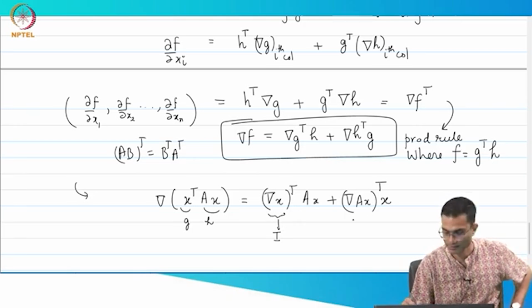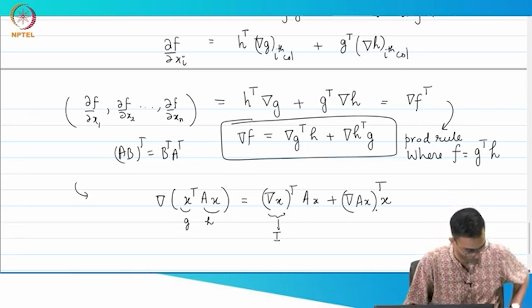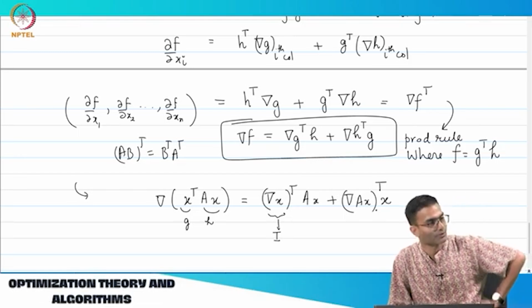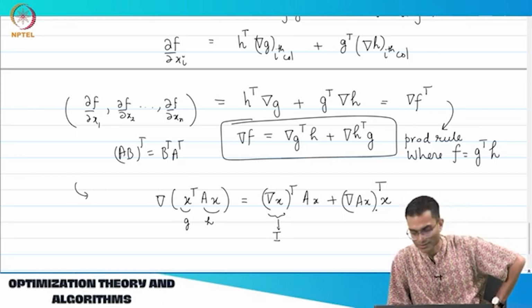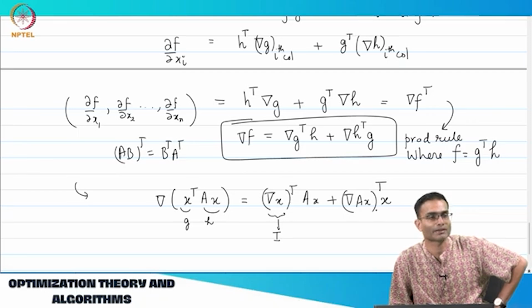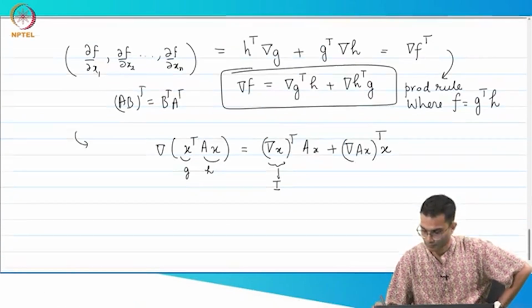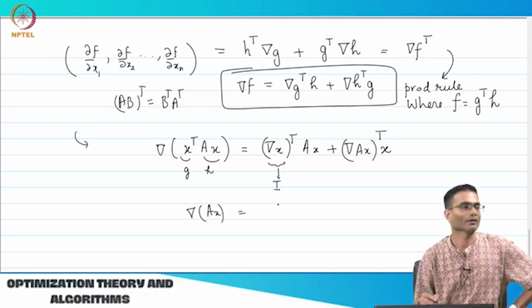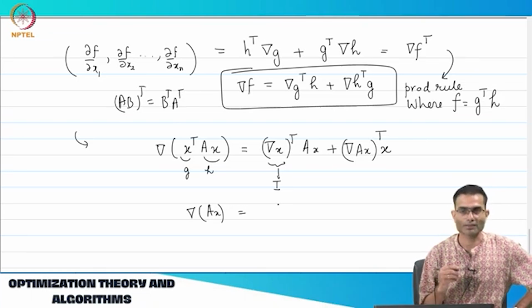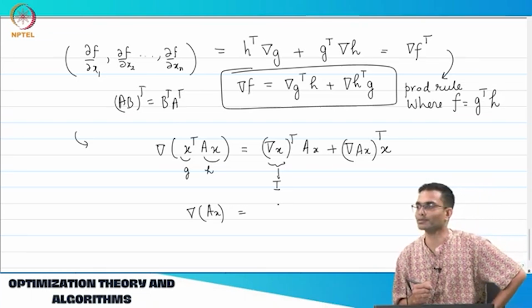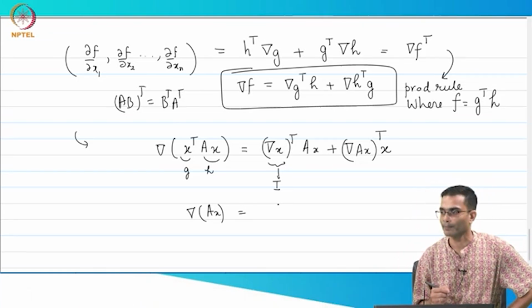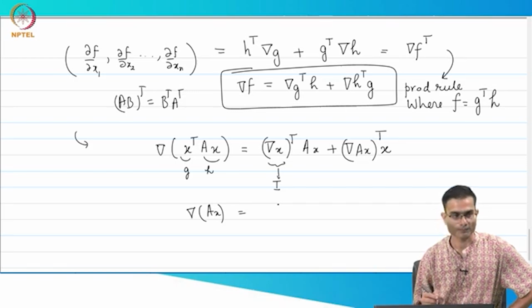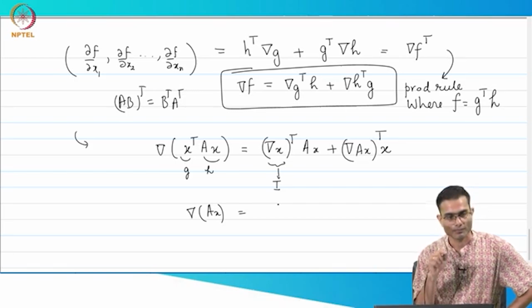Ax remains Ax. Now what about grad Ax transpose? Let's just talk about grad Ax. What is grad Ax? If I take grad over here, it's going to give me A. So can you see why grad of Ax is going to be A? Correct.